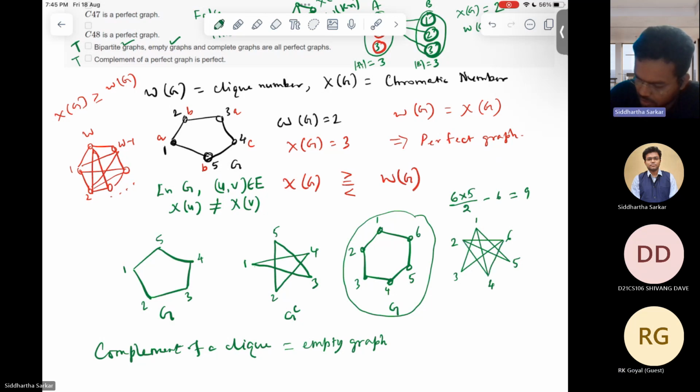But I don't see why immediately it would be a perfect graph. You understand? So in this case, what is the chi of G dash and what is the omega of G dash?